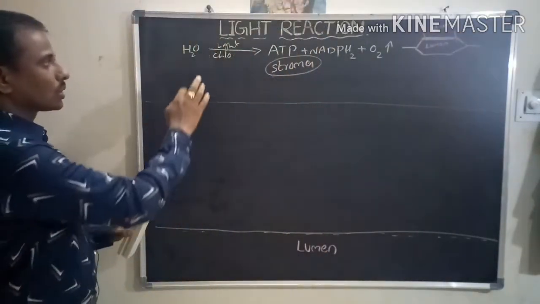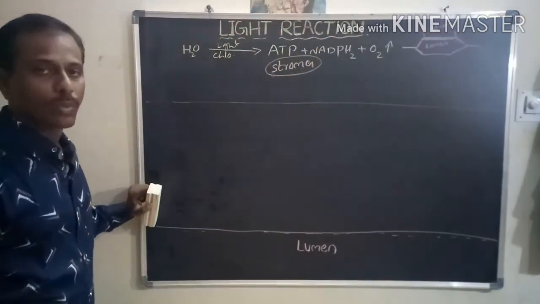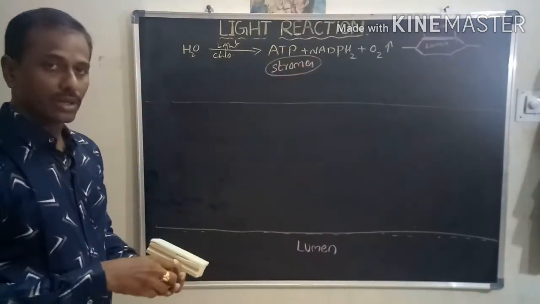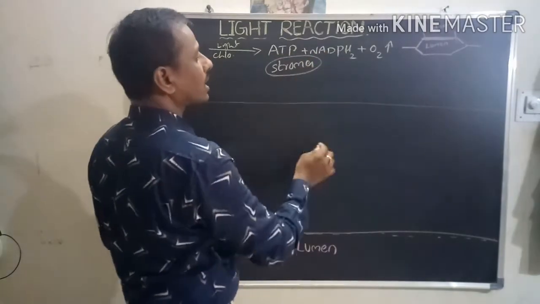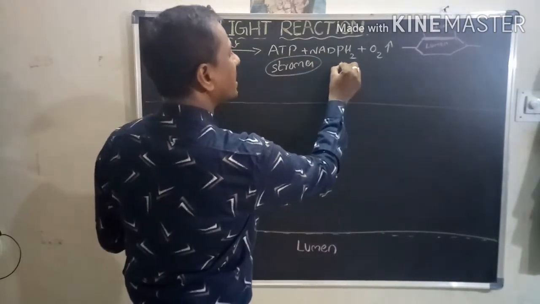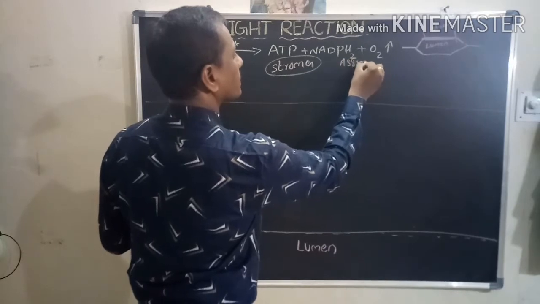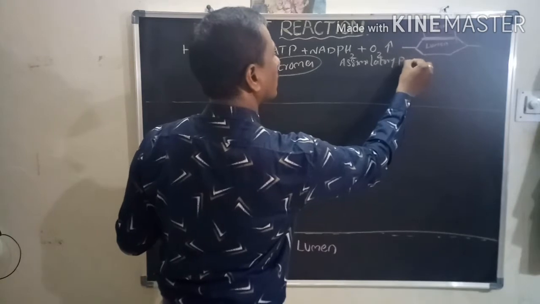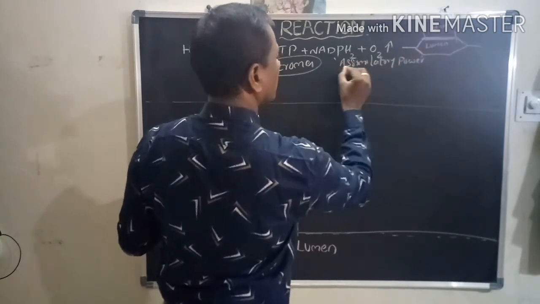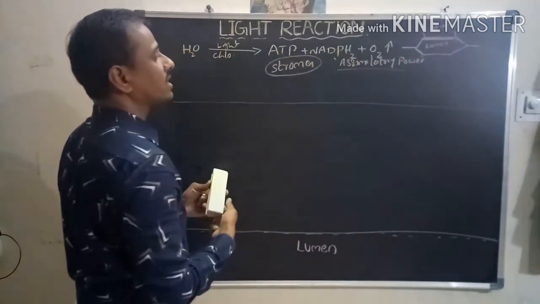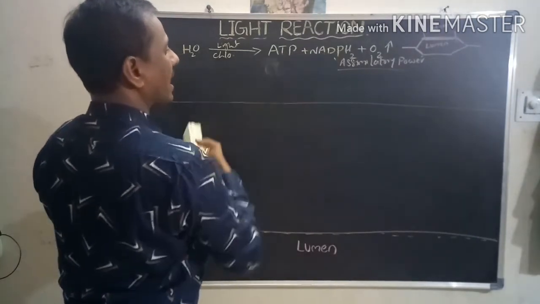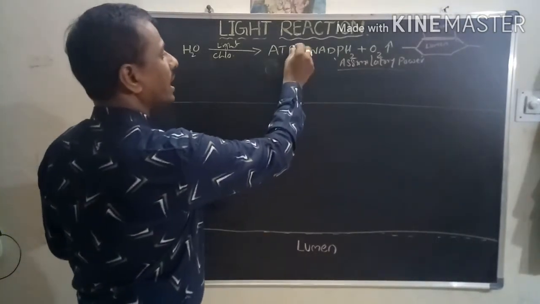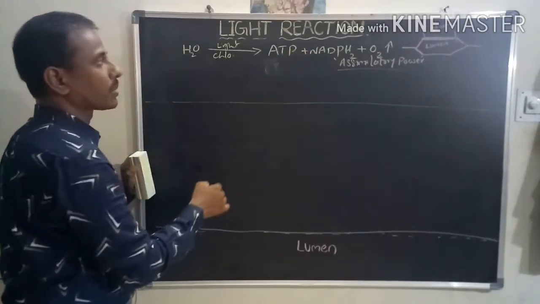Okay. So what happens in light reaction? ATP and NADPH2 are synthesized. These two energy molecules are called assimilatory power. So here ATP is synthesized in this process.